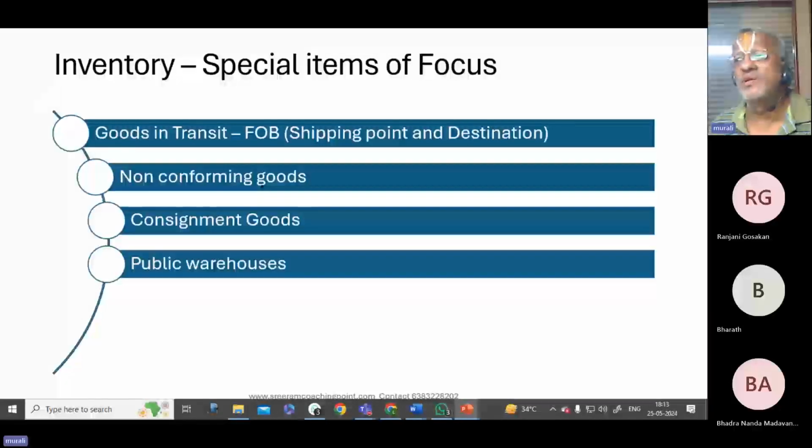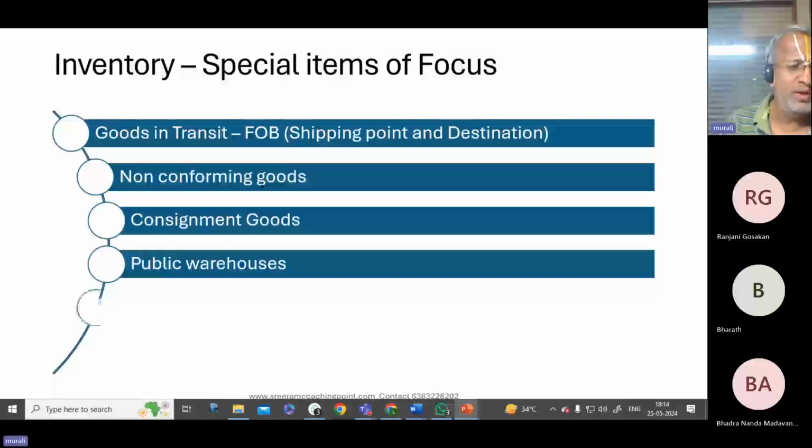There can always be convenience for the businessman to give delivery from the warehouse rather than picking it up to his factory. The sale will be considered effected only when delivery is taken. Until such time, those goods are lying at a different place under a different custodianship, but will be considered the inventory of the vendor.